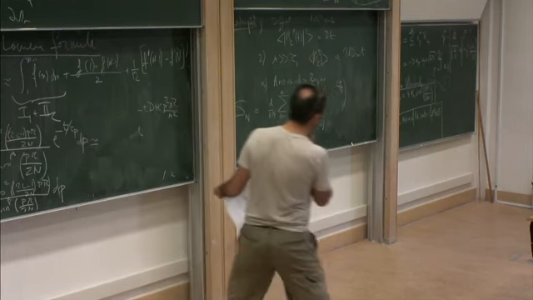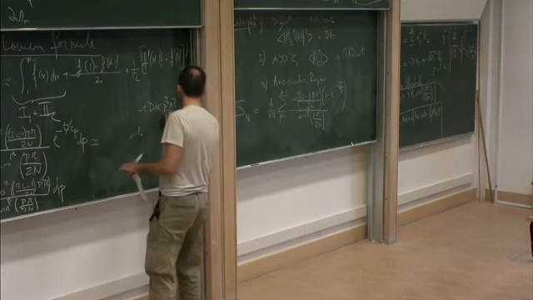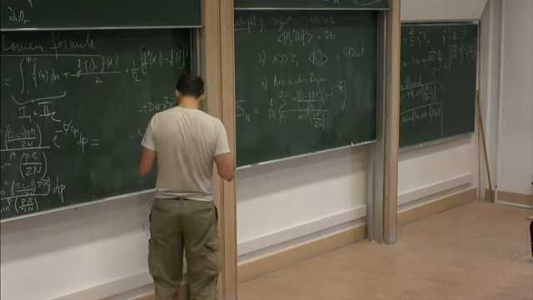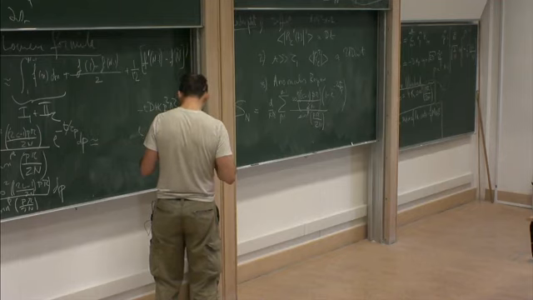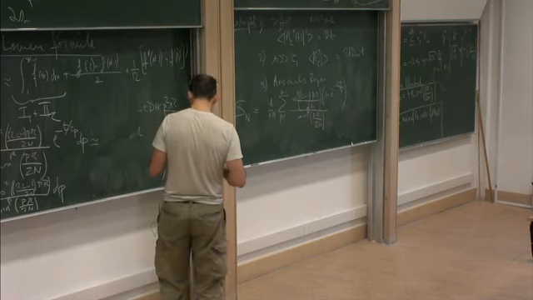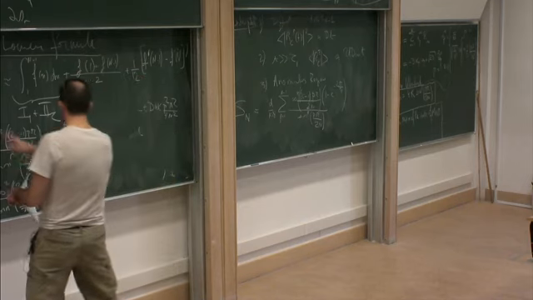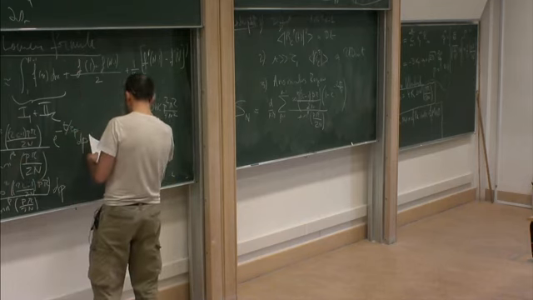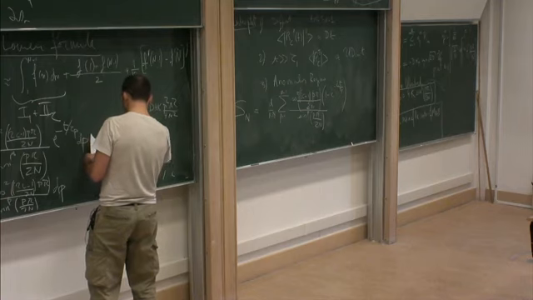Is it correct? No, 4. Yeah, should be correct. So this is like 1, and now we have to divide by pi p, so p pi divided by 2n to power beta.